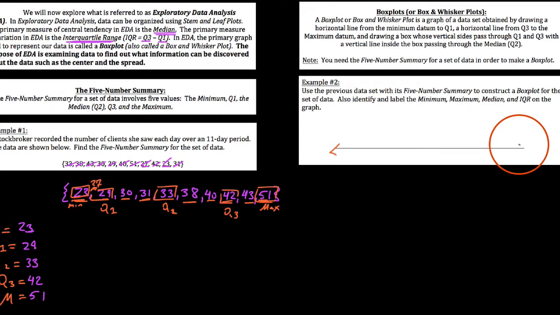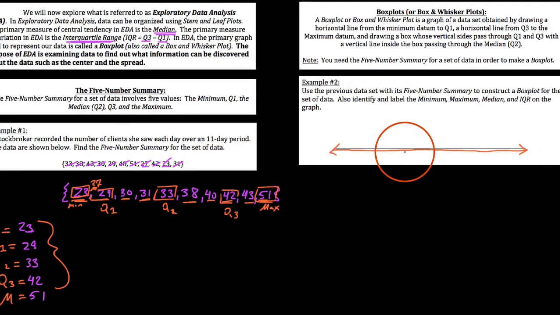What we're essentially going to be doing is this. We are going to construct a number line that is able to accommodate these 5 values. By accommodate, I mean we only need to choose a frame or window that fits these values. So if I go from 23 up to 51, it might be a safe bet to go from 20 up to 60, and we'll go by tens.